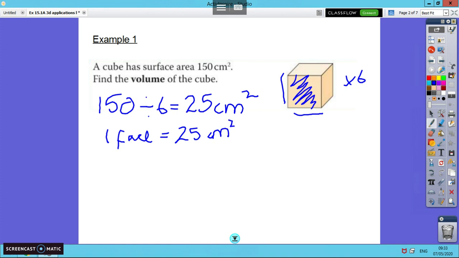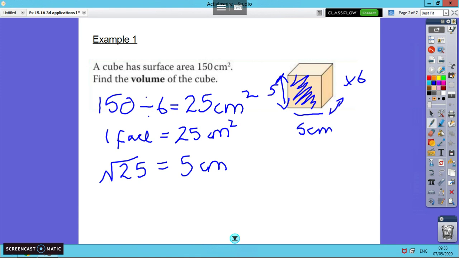What does that mean the length is going to be? Well, if we square root 25, we're going to get a length of 5 centimetres. So that's 5 across there, 5 up there, and 5 there, because we know that they've all got to be the same, don't they? So the square root of 25 is 5, and so the length of the cube is going to be 5 centimetres.